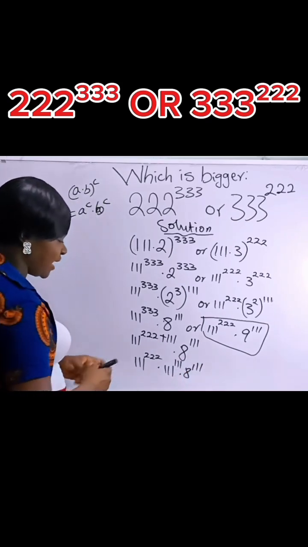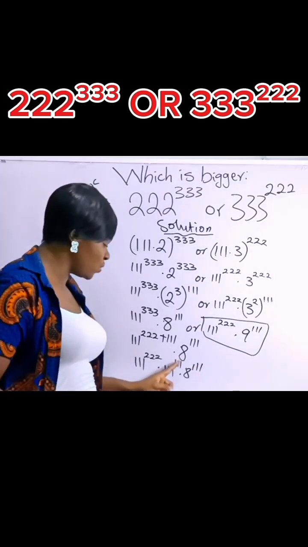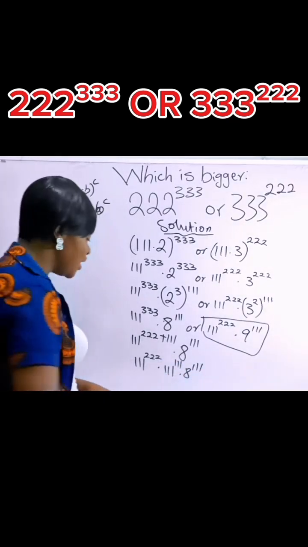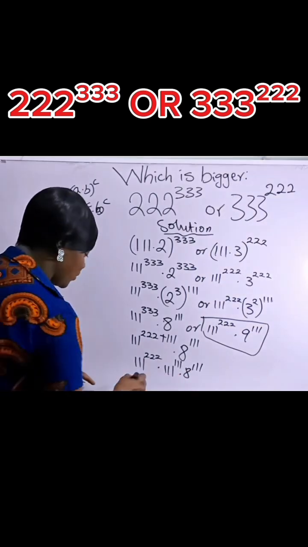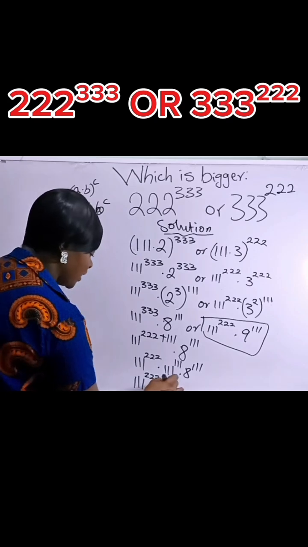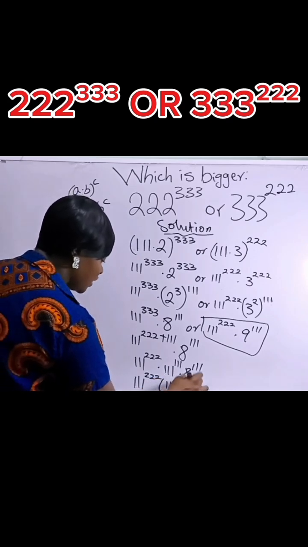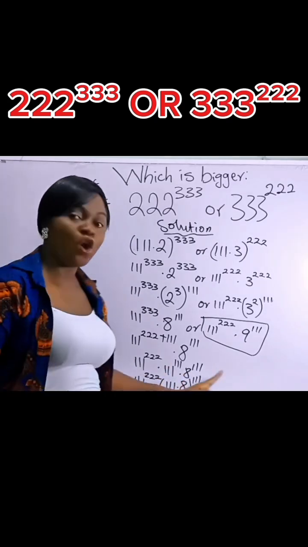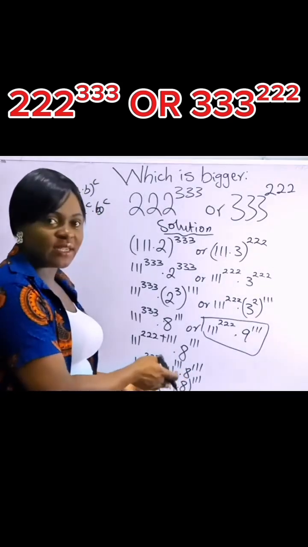Looking at this, you can see that we have a common power here, 111 here and also 111 here. So we write 111 to the power of 2, then open a bracket, 1 times 8, to the power of 111. Remember that we have a common power, so we can write it in this form.